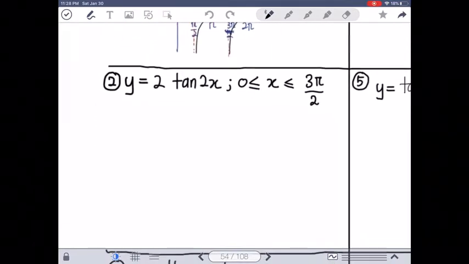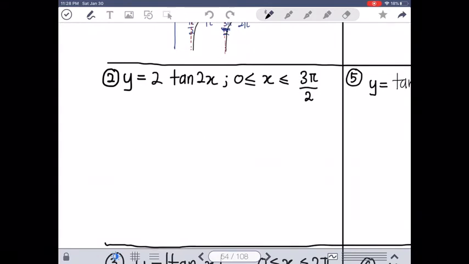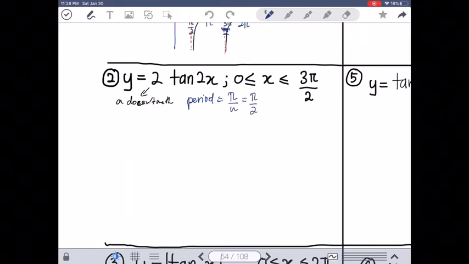Now let's have a look at the second example. y equals 2 tan 2x. Again, amplitude A doesn't matter. And the period is equal to pi over n, which is just pi over 2.